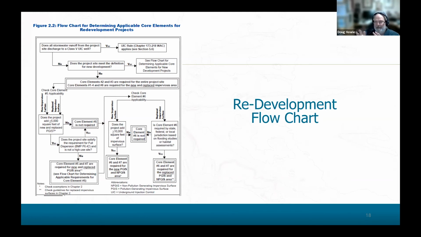So when you get to a replaced redevelopment project, things get a little crazy. And so as a jurisdiction, you need to be careful about how you define what are replaced impervious surfaces and work your way safely through those, and what you define as a redevelopment threshold for what's going on.